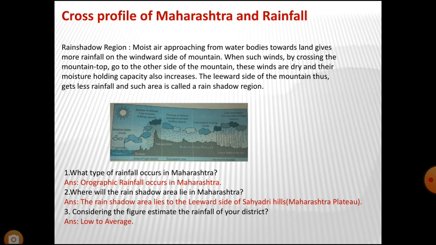When such winds cross the mountain top and go to the other side of the mountain, the leeward side, these winds are dry and their moisture holding capacity also increases. The leeward side of the mountain thus gets less rainfall, and such an area is called a rain shadow region.